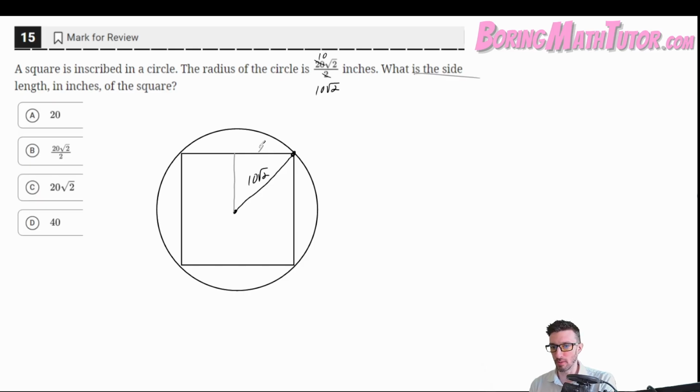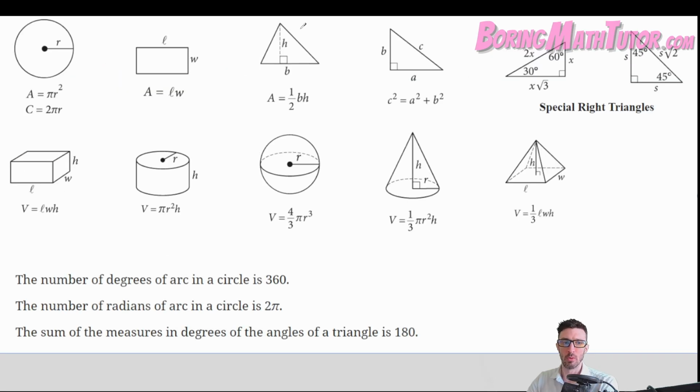So I'm just going to call this x instead, and then we'll figure out what it is and then double it. Now if this is 10 root 2, then it's actually fairly easy to get this problem done if you're familiar with what they gave you on the formula sheet here.